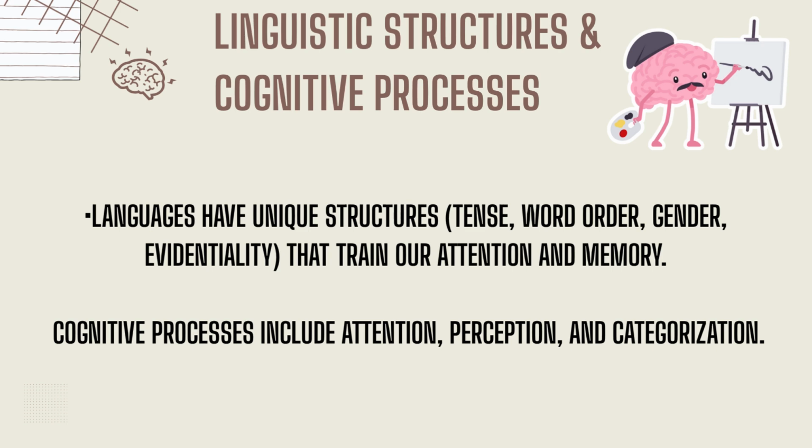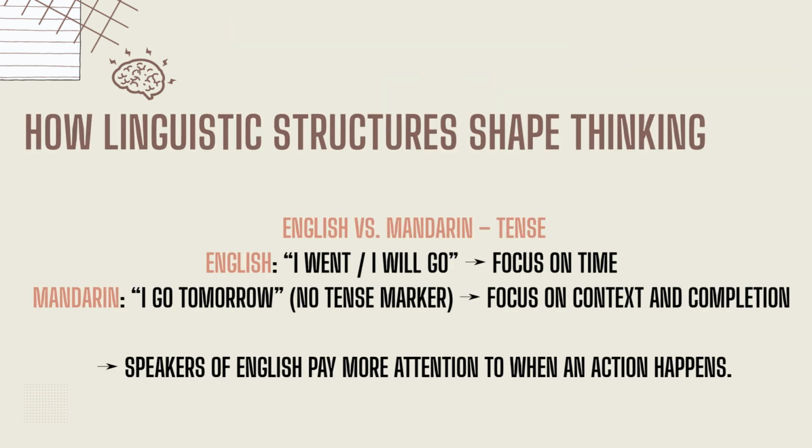So this is the gender aspect, and all of that happens because of what we call cognitive processes: things like attention, perception, memory, and categorization. All of that happens because of these four things, sorry. In a way, language doesn't just help you talk, it trains your brain to see the world in a particular rhythm. So let's see some examples.